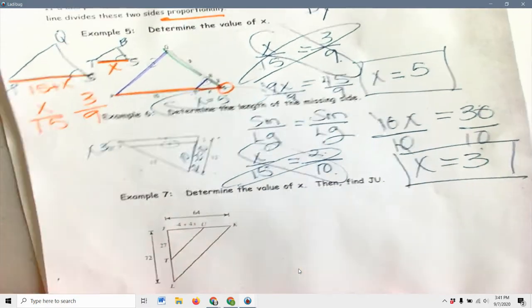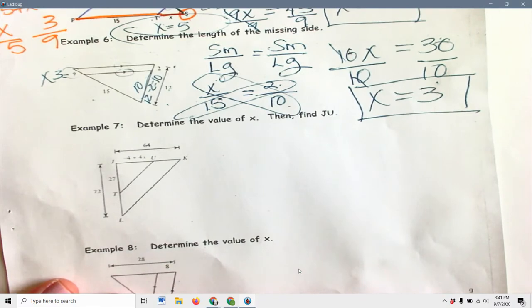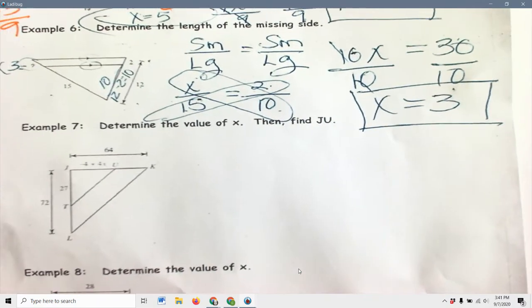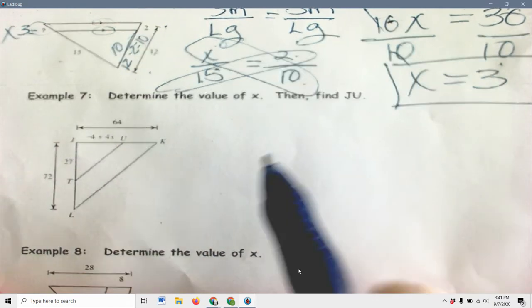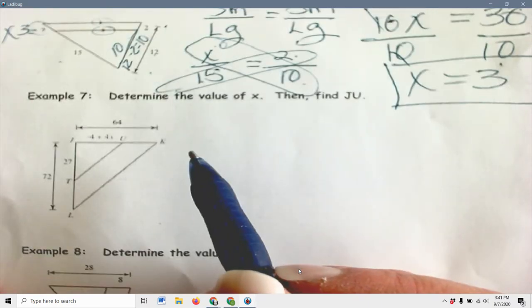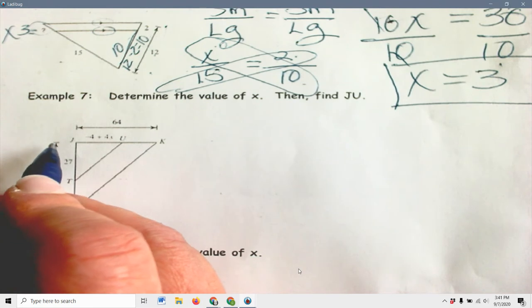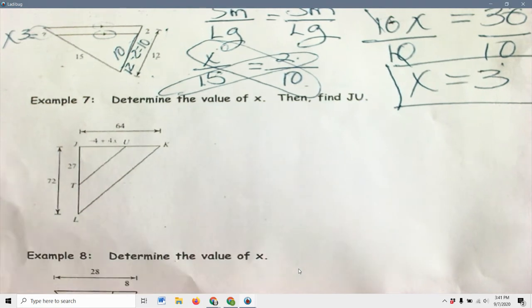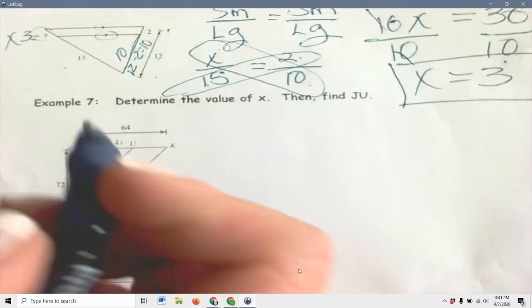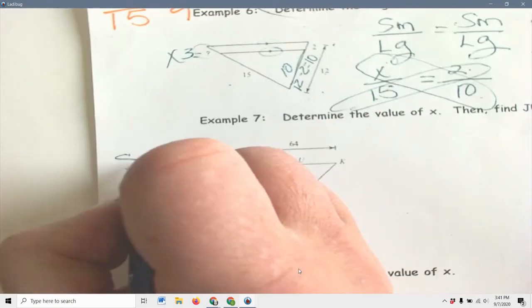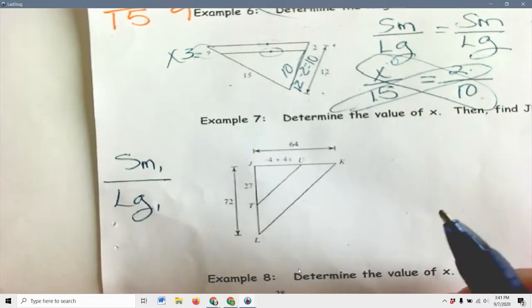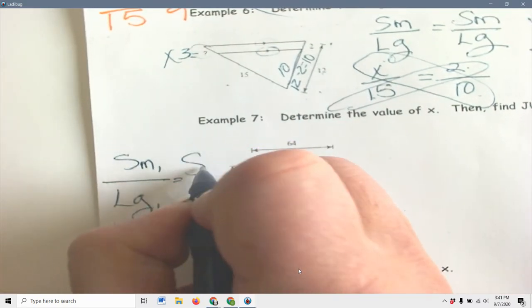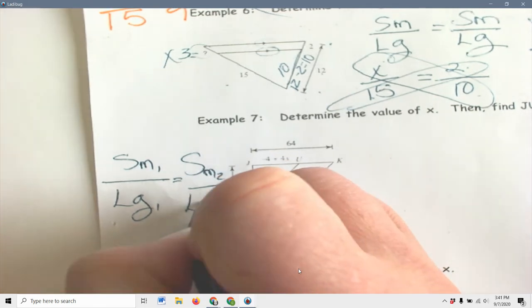Okay, let's look at example number 7. Now in example number 7, you can see that once again, we've got this whole piece here. So let's go ahead and look at what we have. The small on one side over the large on one side of our divided pieces equals the small of the other side over the large of the other side.